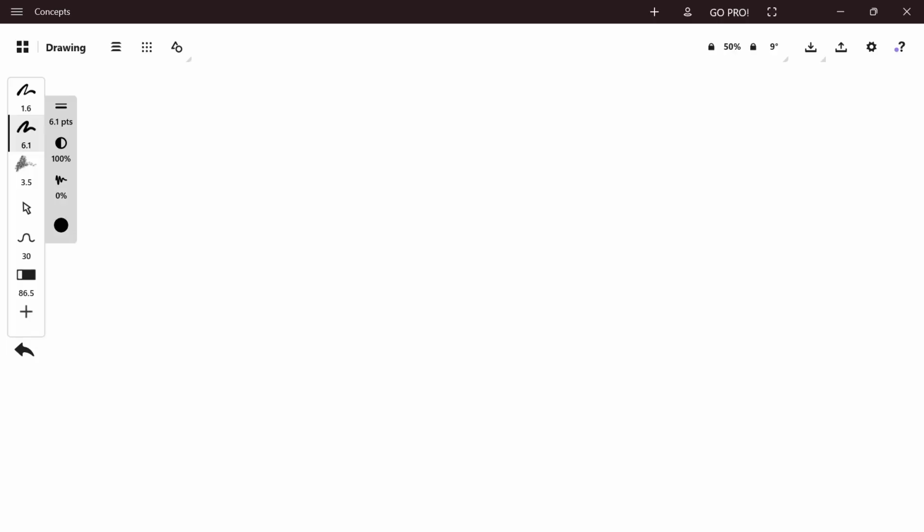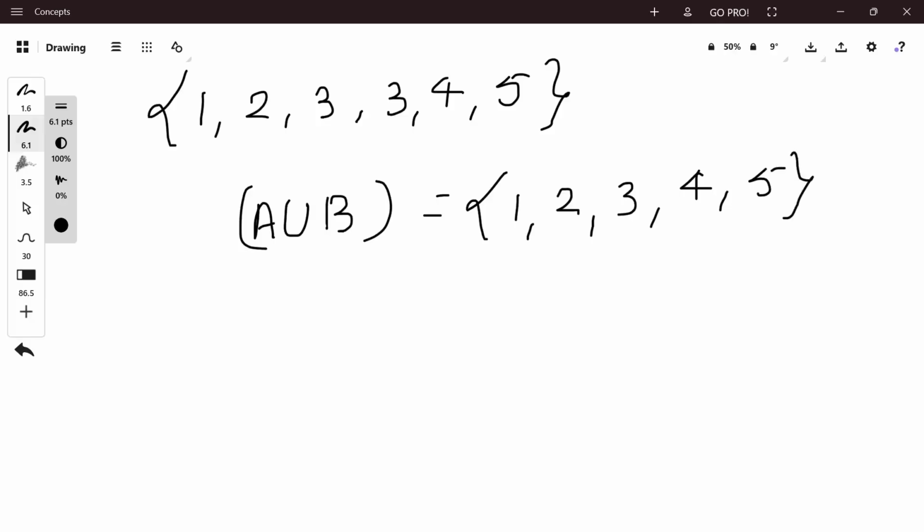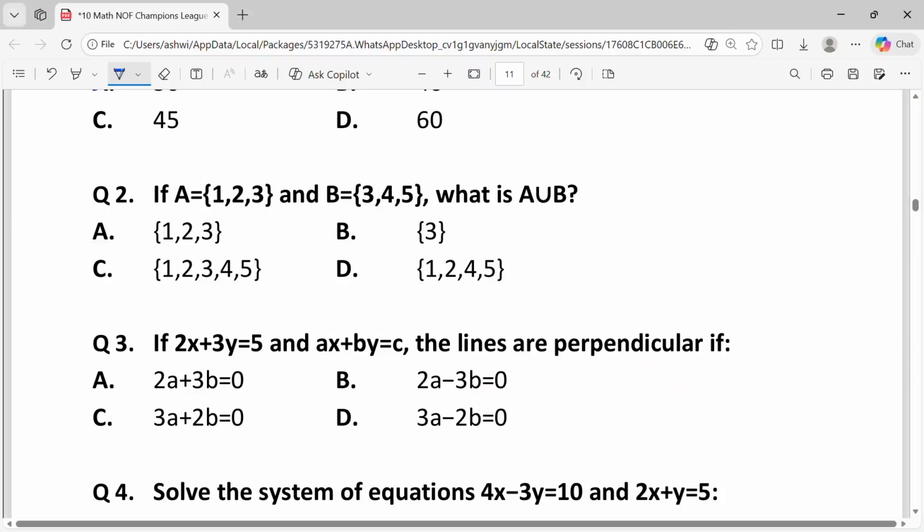Combine the elements from set A and set B. We have 1, 2, 3, 3, 4, 5. Removing the duplicate element 3, we get the final union, A ∪ B as {1, 2, 3, 4, 5}. Comparing with the options, the answer is C, {1, 2, 3, 4, 5}.